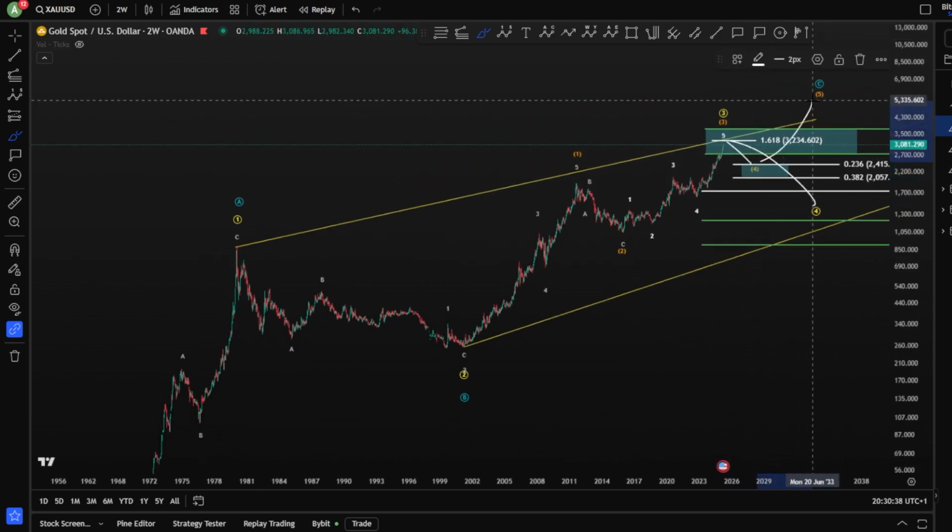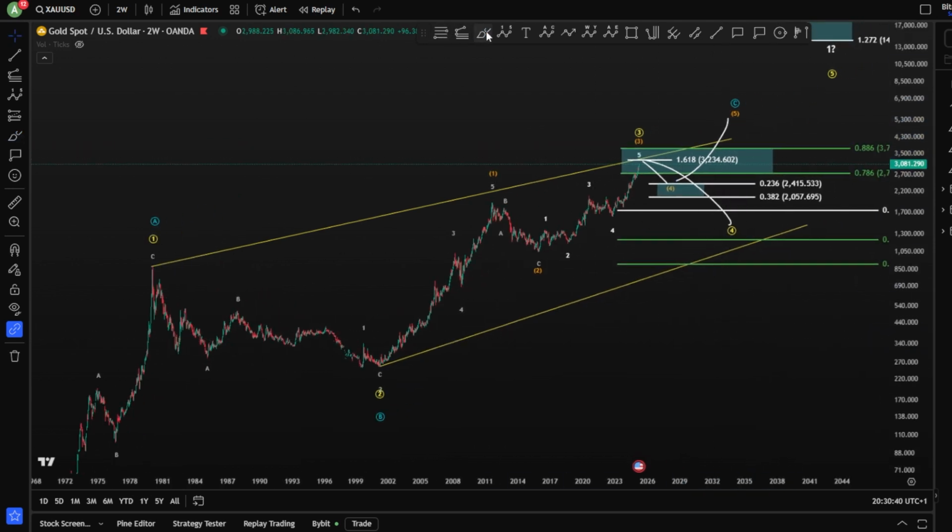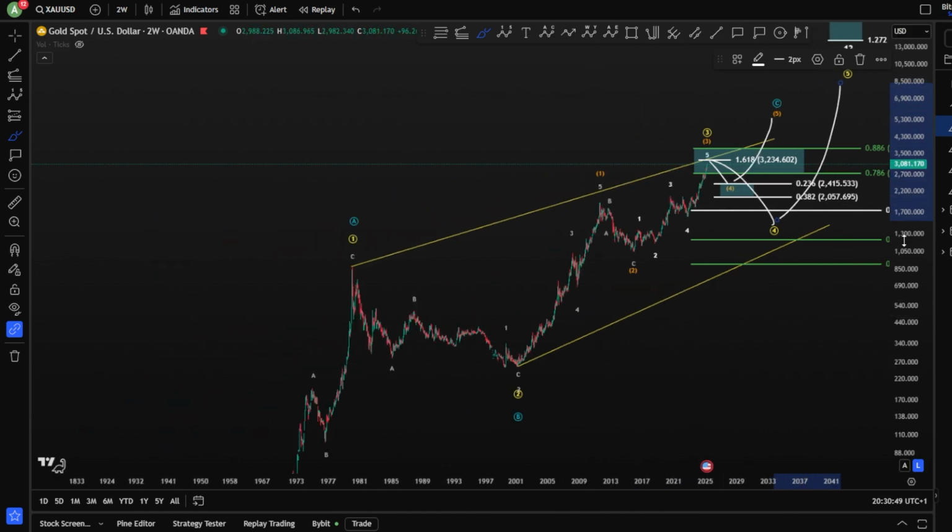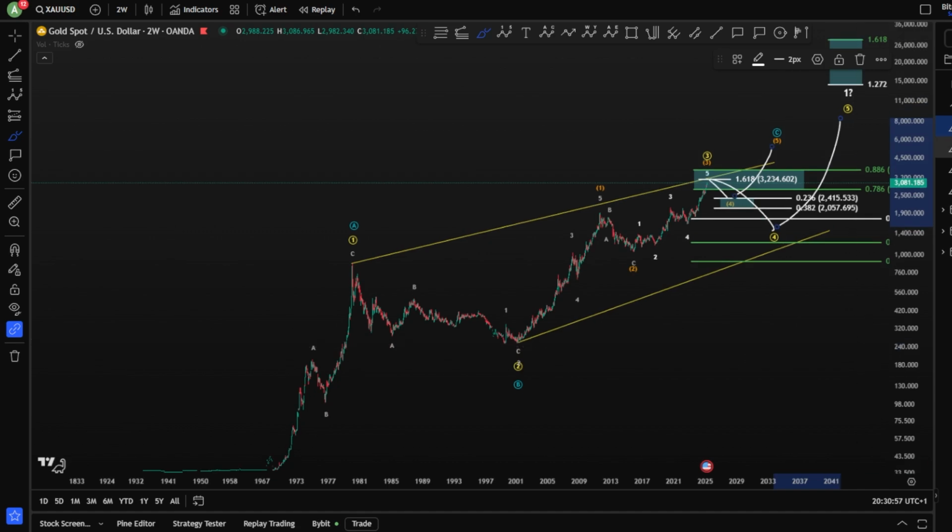This one is gonna lead to a wave C, while this one is gonna lead to a wave 5. Look how much difference there is also with the price. If you move deeper, you get higher. If you move short, you get a shorter high. This is definitely what the market is.